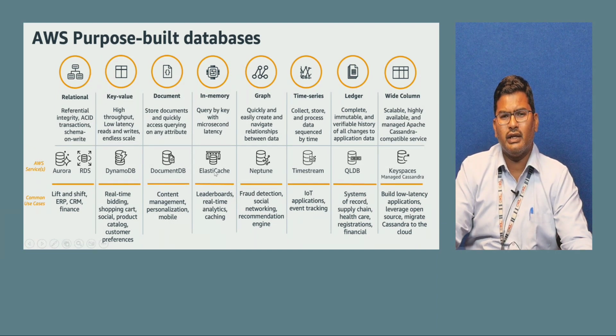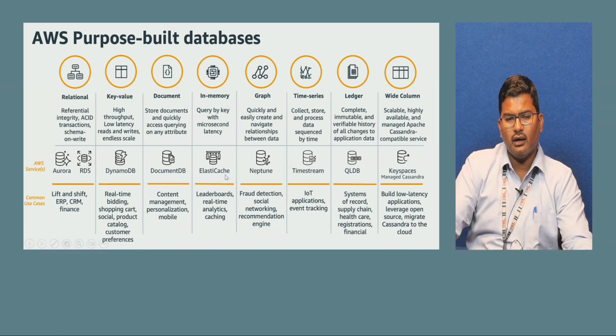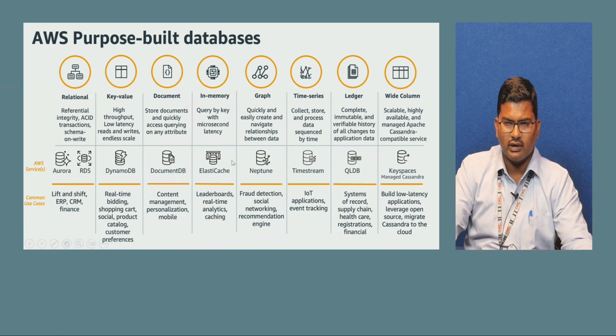We usually work with ElastiCache Redis. In memory, that is query by key with microsecond latency, very useful, and the use cases are leaderboards, real-time analytics and caching. We will be looking at these demos in the further sessions.